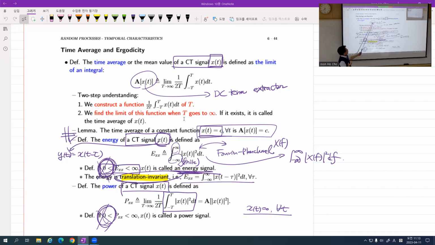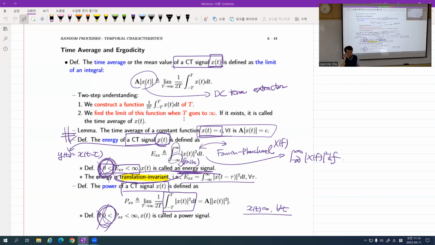So be careful. Another one, which I didn't mention last time, is that you can have some strange averaging like this. Here you started from negative T to T, but you may choose, for example, negative T to capital 2T. In that case, your negative part grows linearly and your positive part grows linearly, but twice as fast.